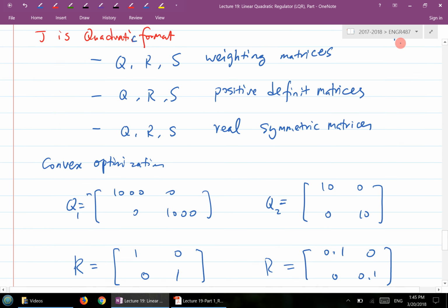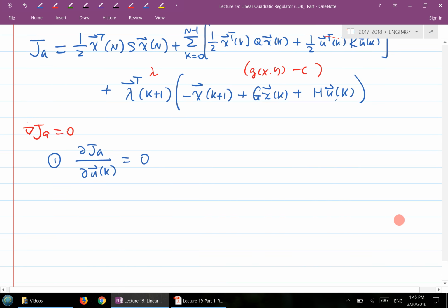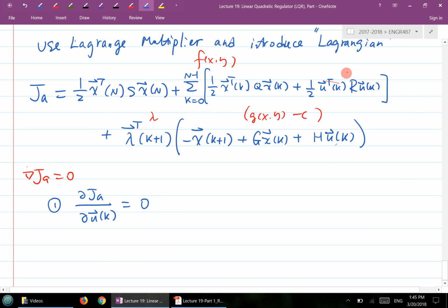So here you have an R, so the partial derivative of this term gives R times u_k. The partial derivative of this other term with respect to u_k gives you H transpose lambda_{k+1}.